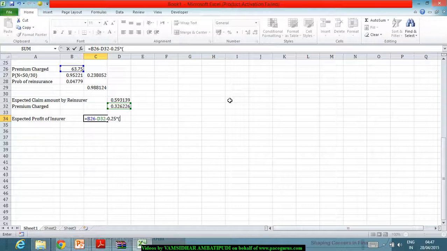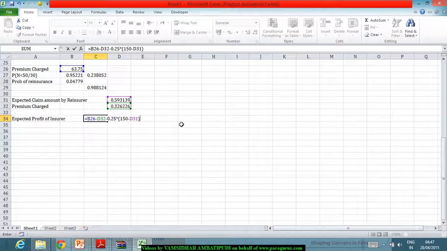So 0.25 times whatever was 150 minus this, right? This is the claim amount. On an average, the claim amount is 150. Out of that, I am expecting per policy the average claim is 150.